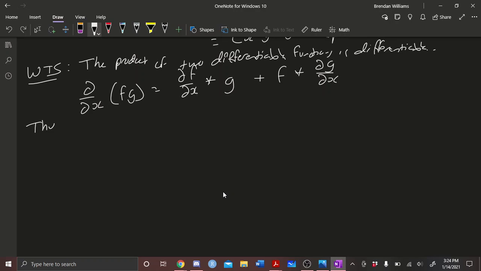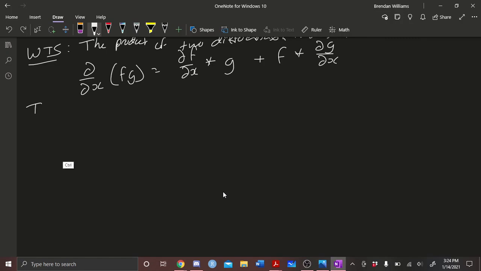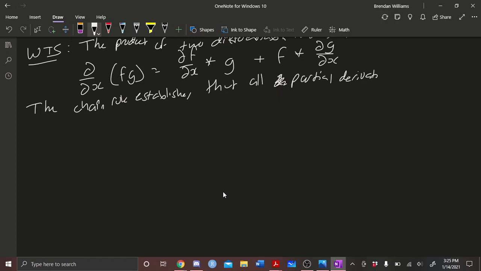So I'm just going to go ahead and write this out. So the chain rule establishes that all derivatives, partial derivatives, of all orders exist.